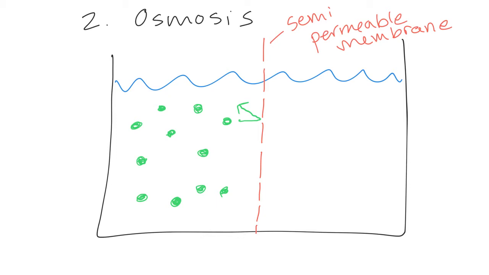So there's also different types of molecules on the other side, and they're not able to pass through this way. Right, they can't go through that way either. They're going to bounce back. But there's less of them on the right side. So as the water moves over to the other side, it's going to make this concentration more dilute and this concentration less dilute until they are equal. Okay?